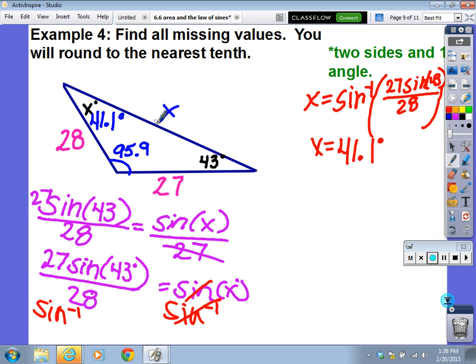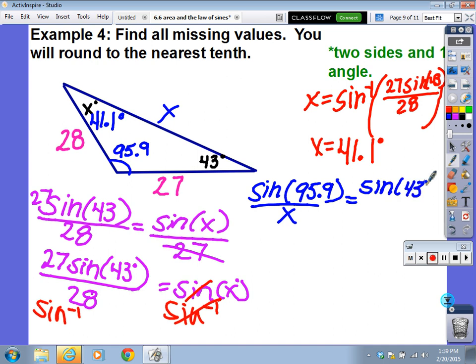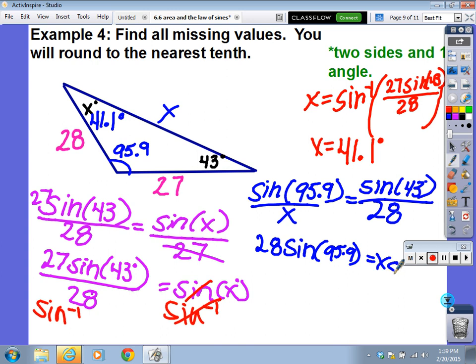So we'll be doing sine of 95.9 over x is equal to, now we can do either one, I'm going to go with this one, sine of 43 degrees over 28. Cross multiplying this out, we have 28 sine of 95.9 is equal to x sine of 43 degrees.